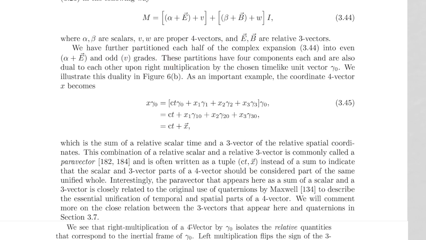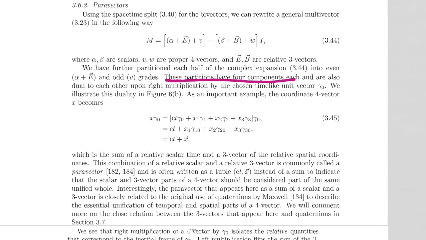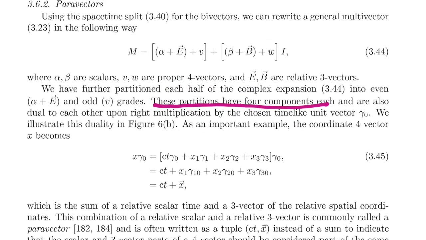But notice it says these partitions have 4 components each. So what are they talking about there? Well, this is 1 component, and that's 3, right? And that's the even part. And the odd part has 4 components, right? So the gamma 0 duality that they're talking about is the duality between the even piece and the odd piece, right?